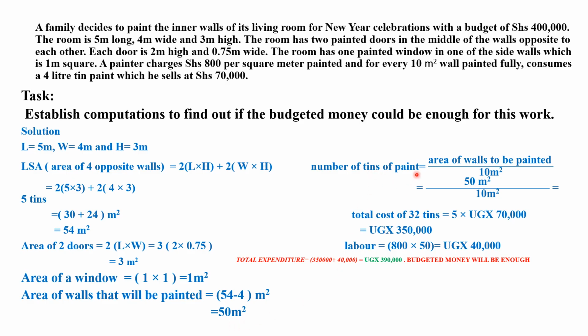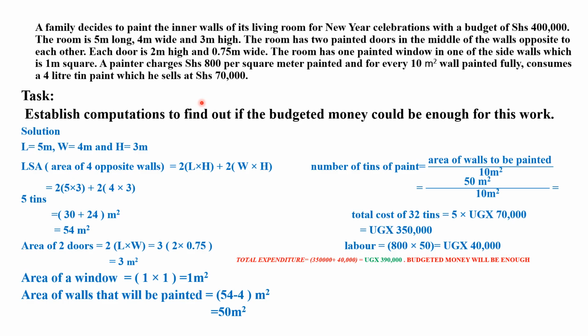Then how do I find the number of tins? Come back and check. They are saying for every 10 square meters of wall painted fully, it consumes a 4-liter tin. So that means that to paint 10 square meters, you need only 4 liters of the paint.